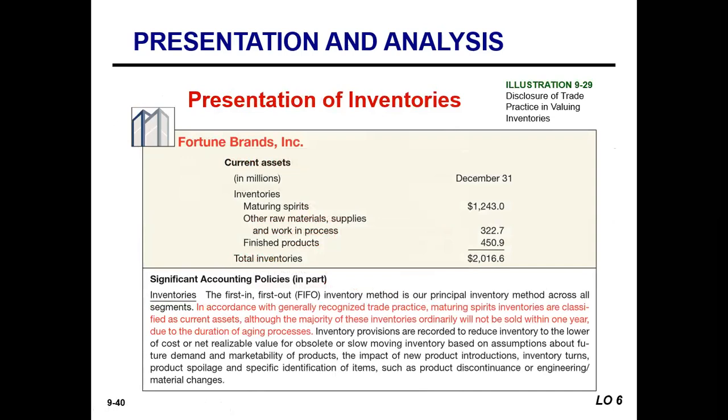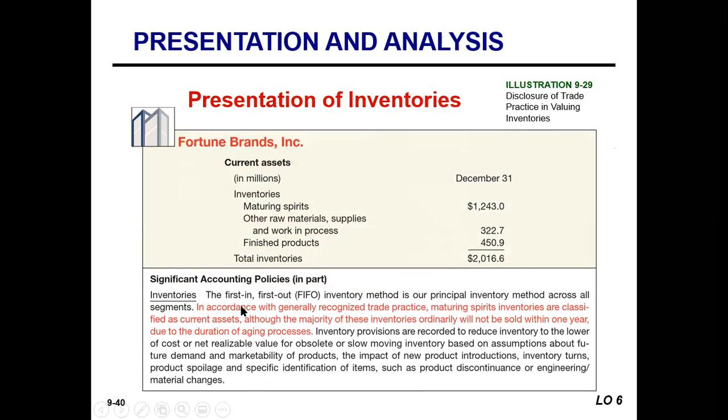And then here's another example, especially if we're thinking of a manufacturing company that has not only raw materials, but work in process and finished goods. Again, those would all be listed under the current asset section, under the inventory section. And then it just shows us here, note disclosure to the inventories.